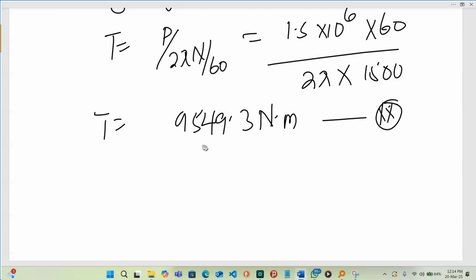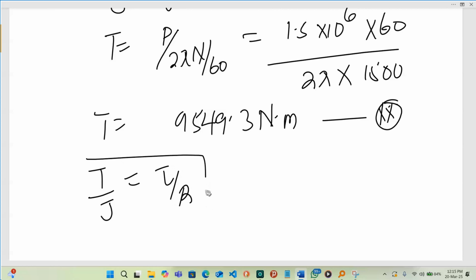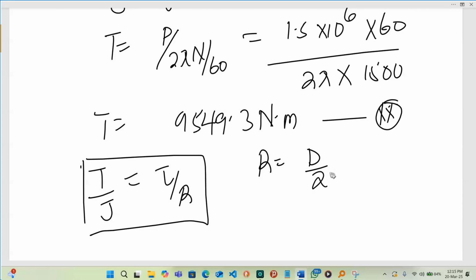We are looking for the diameters. So we can apply T out of J equivalent to tau out of R. And then we substitute in. We can express this R in terms of capital D. We know this R is always equal to capital D out of 2.